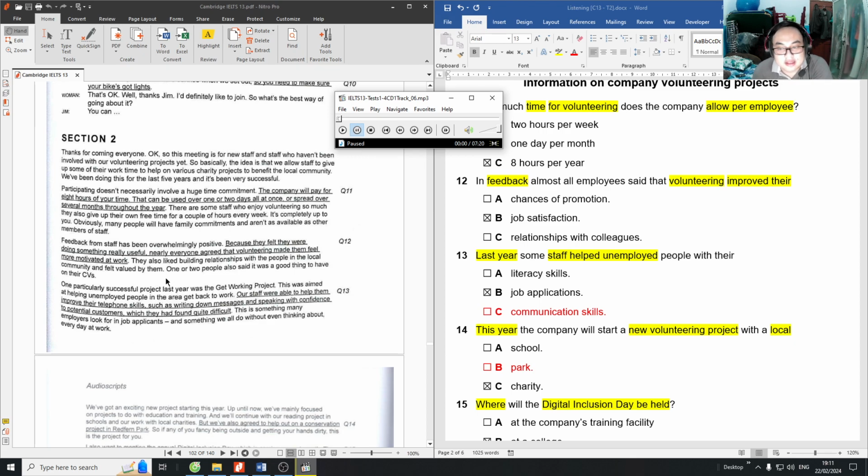They got help to improve their telephone skills, write down messages, and speak with confidence. So it means they helped the unemployed people with their communication skills.